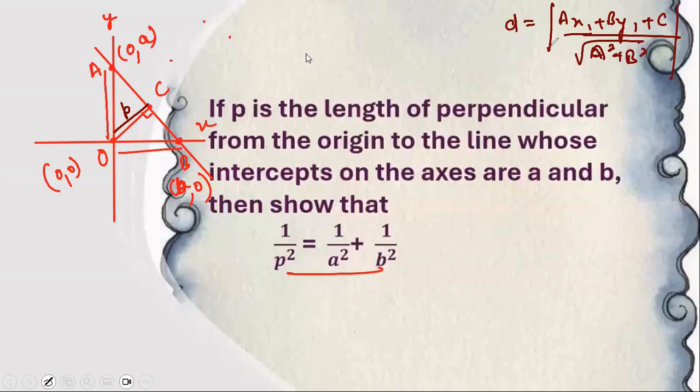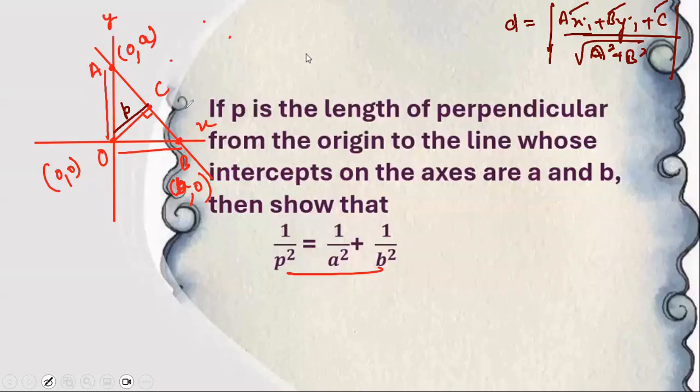Now this A, B, C I will get from the equation on which the perpendicular falls. So I have to get A, B, C from the equation of AB and x1, y1 I will get from the OC equation. So let's understand it very carefully, everyone.